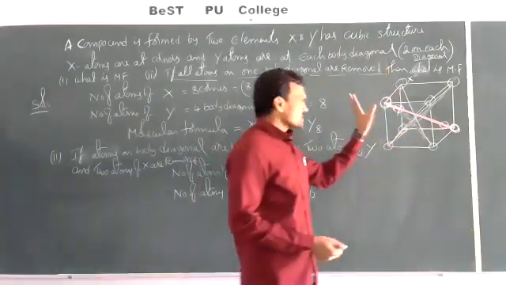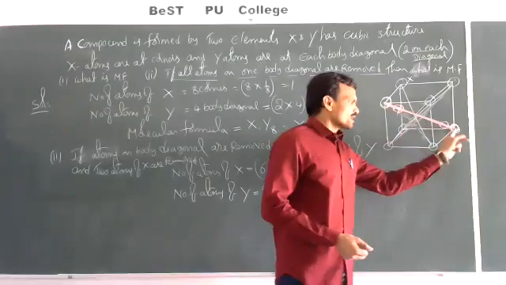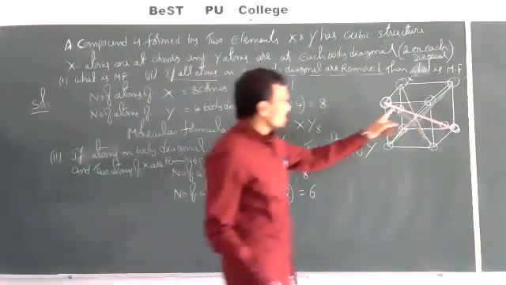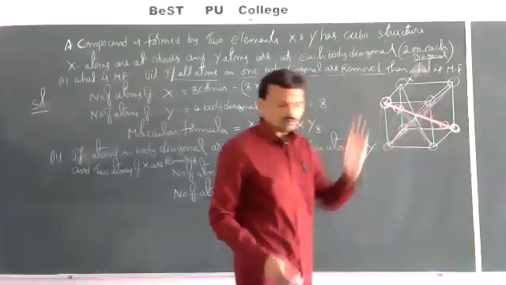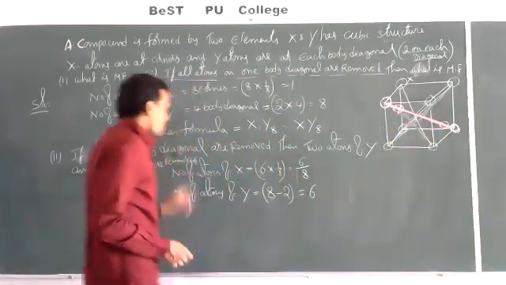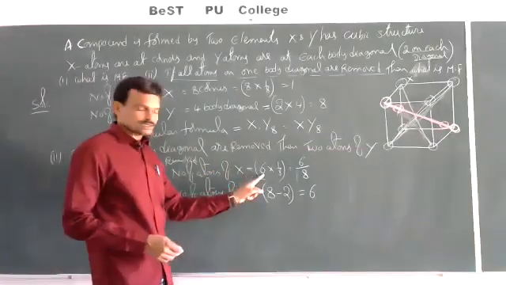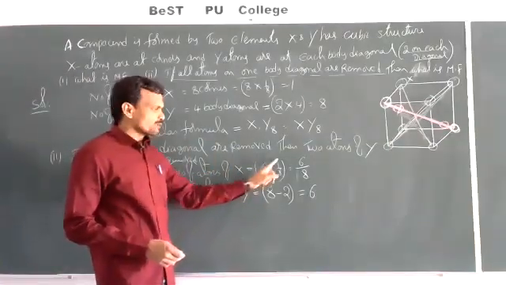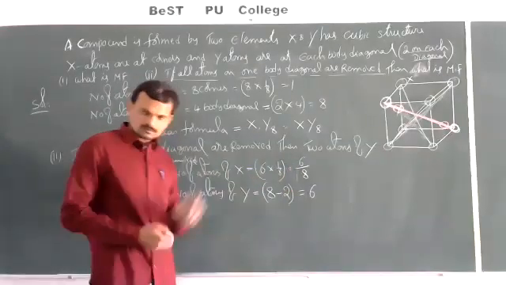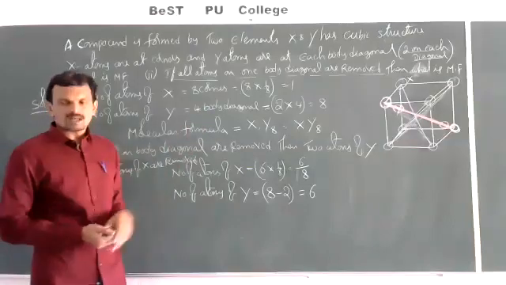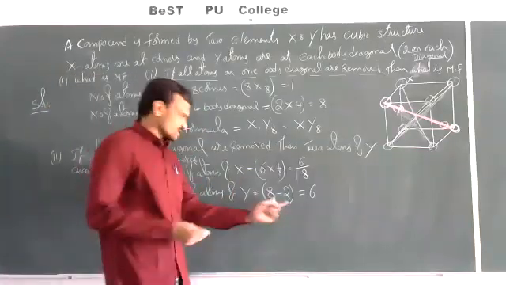That means, as per this question, if you remove the particles on the body diagonal, 2 corner particles and the 2 tetrahedral void particles will be removed. So, out of 8 corners, 2 corners are removed. Remaining is 6 corners, so 6 into 1 by 8, 6 by 8 contribution. Out of 8 tetrahedral voids, 2 voids are removed. Then the remaining is 6.